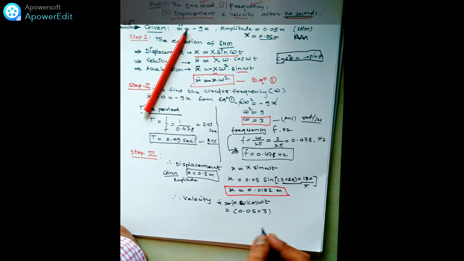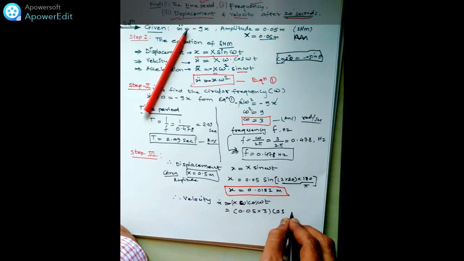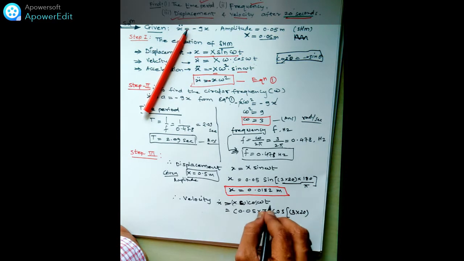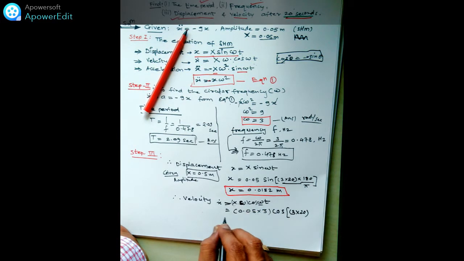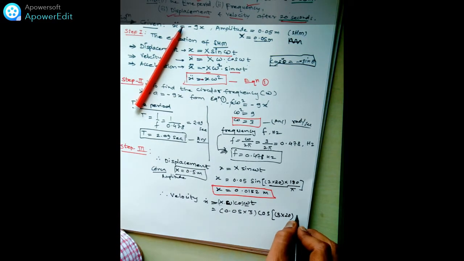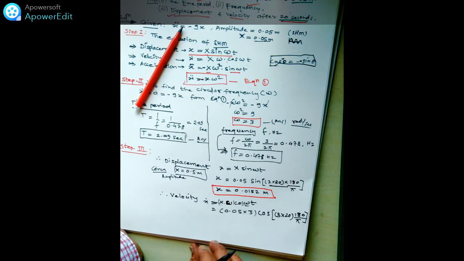Cos of 3 into 20, but this is in radian. Omega is in radian per second. We convert it by multiplying by 180 divided by pi. Bracket close.